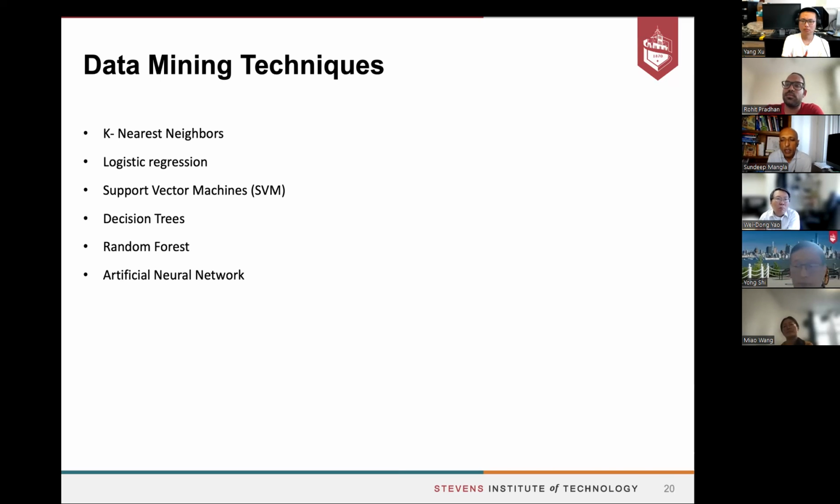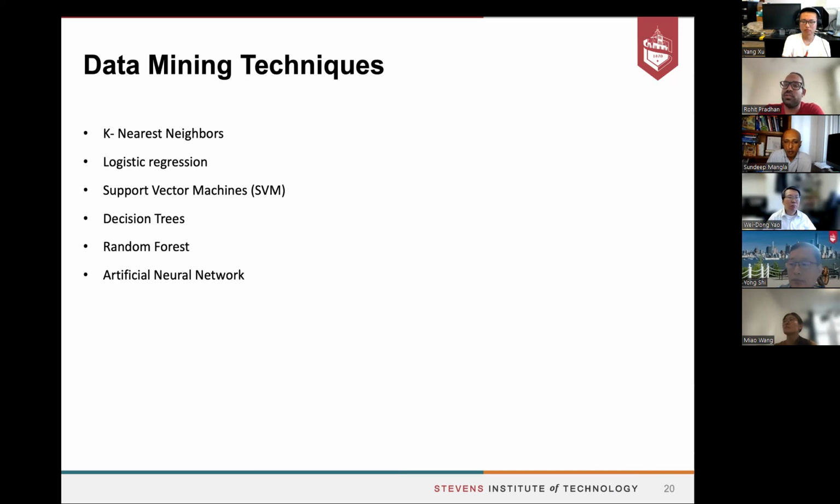Quick question, Rohit. Is this the entire universe of data mining techniques, or is this the top 6? Yes, these are the top 6 which are mostly used in business cases, because there are many other algorithms, such as naive Bayes and clustering algorithms.